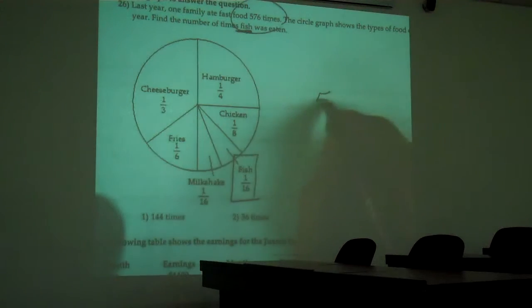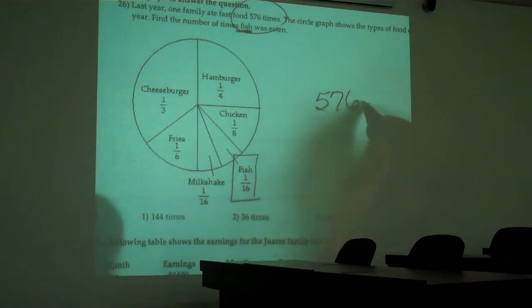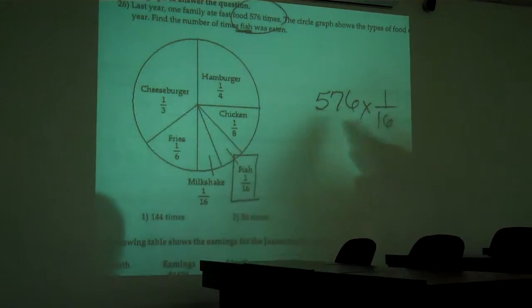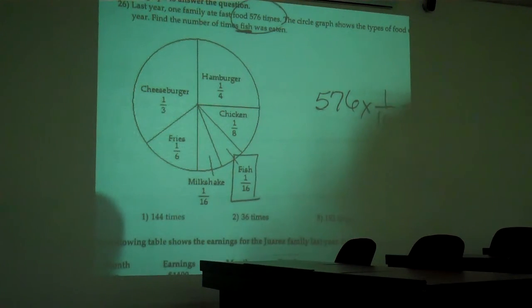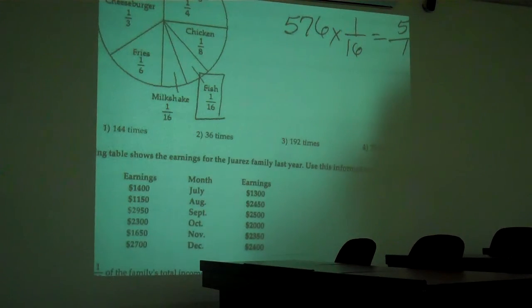576 divided by 16. The total? Yeah, times how much, which is dividing it by 16. So it's 576 divided by 16. Okay, let's see. 16 times 2 is 32, right?